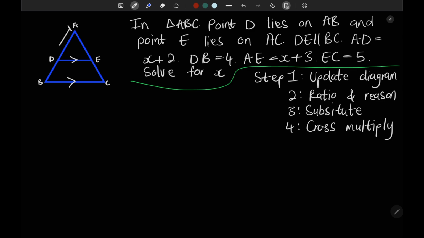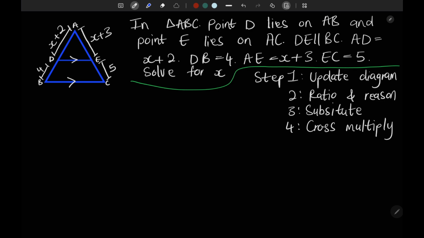AD is from here to there. They said that it's x plus 2. Then DB is equal to 4. DB is from here to there. It's 4. AE is equal to x plus 3. Where's AE? From here to there. X plus 3. Then EC is equal to 5. EC is from here to there. It's 5. Solve for x.